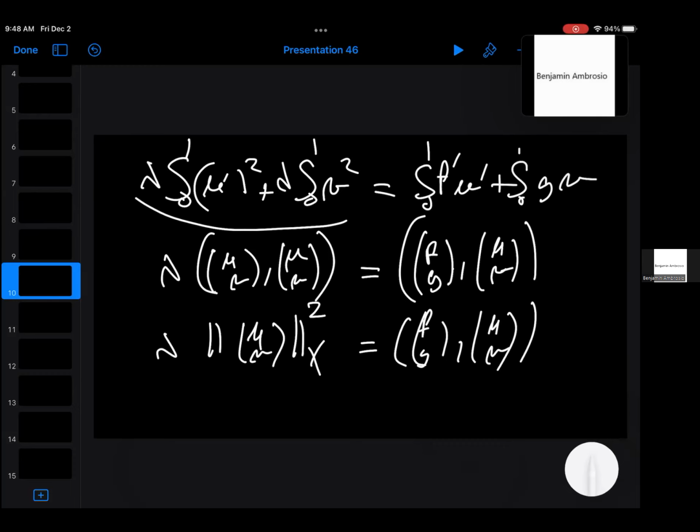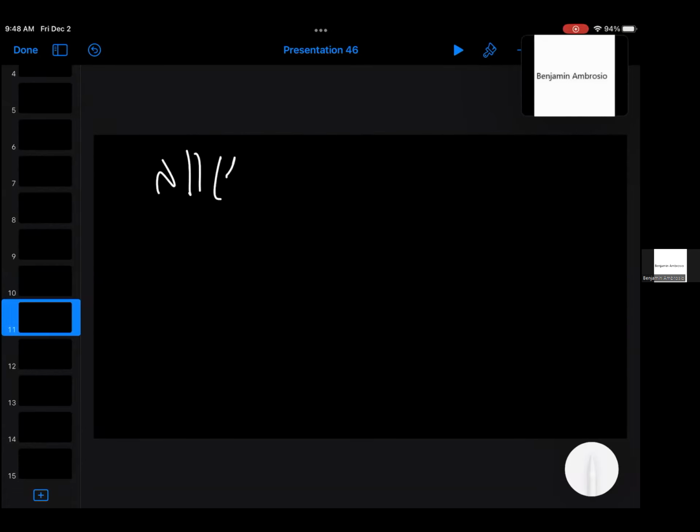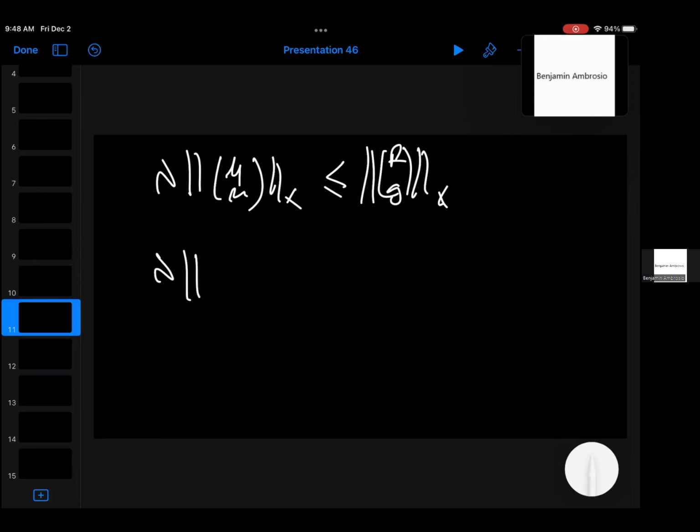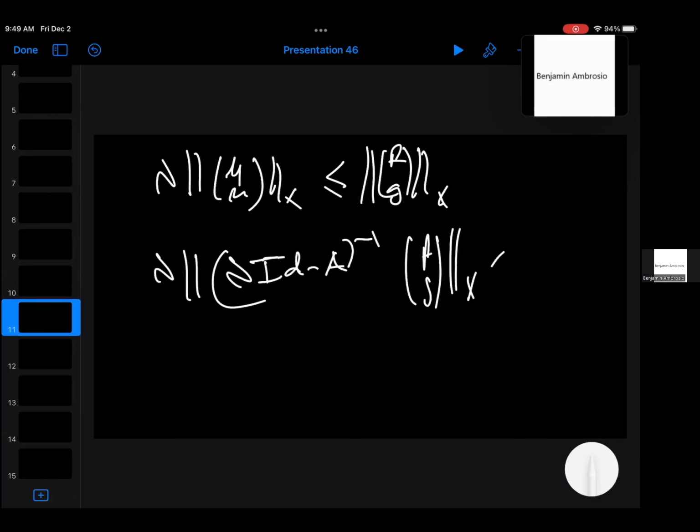Okay, now I use the Cauchy-Schwarz inequality here. So this is less than the norm of (f, g) times the norm of (u, v) in X. So finally, I got that lambda times the norm of (u, v) in X is less than the norm of (f, g) in X. Okay, but (u, v) is exactly lambda identity minus A minus 1 applied to (f, g).